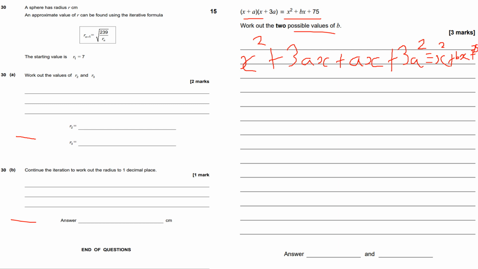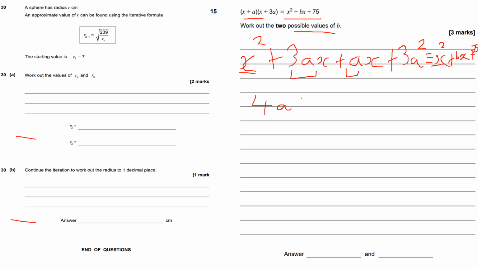Now comparing your coefficients, x squared is equal to x squared, so that's obviously fine. The coefficient of x: I'm going to have 4a is equal to b.